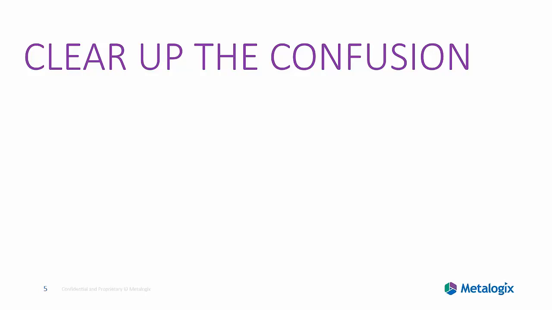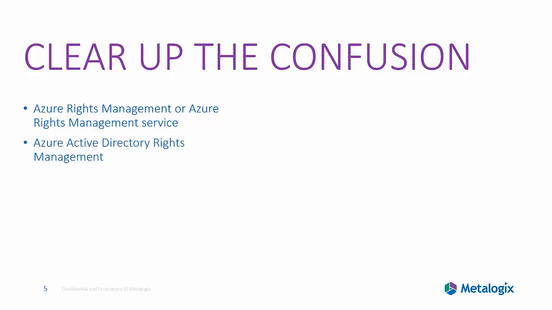So let's clear up the confusion. It's probably easier just to go through all the naming conventions. And funnily enough, I think it's my second last slide. There's a resource link in there that actually takes you to how to clear up the information that's been presented. So Azure Rights Management, we know about that. It's been around, or Azure Rights Management Services.